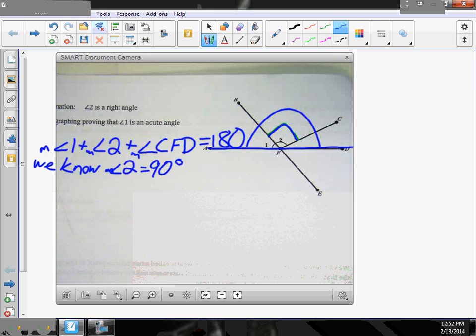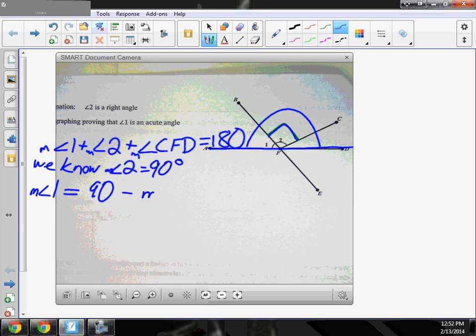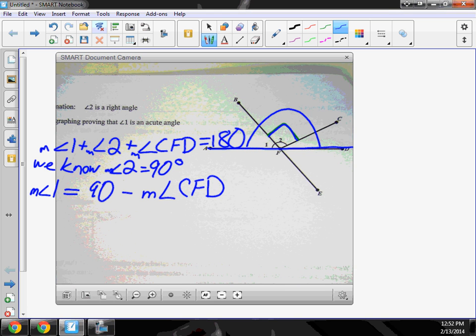And how did you, there are a couple ways to say it, but how did you say it from there? Okay, so angle 1, the measure of angle 1 is equal to 90 degrees minus the measure of angle CFD, right? Well, can CFD be 0?